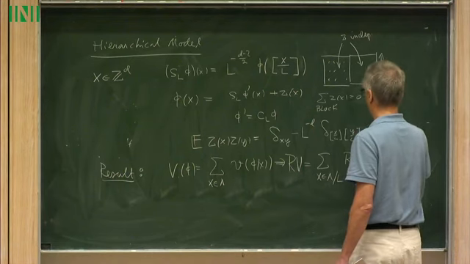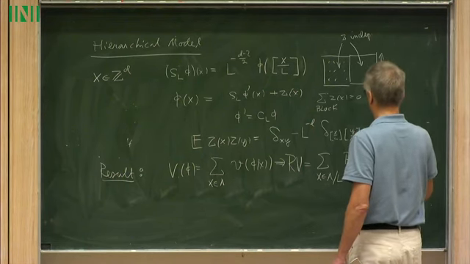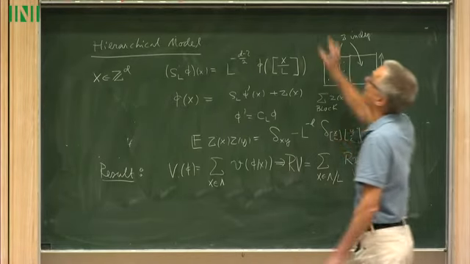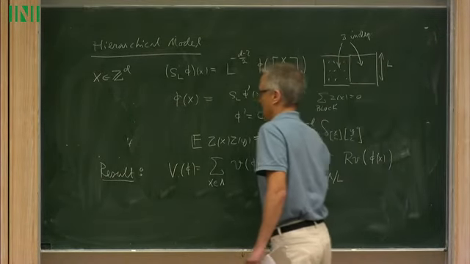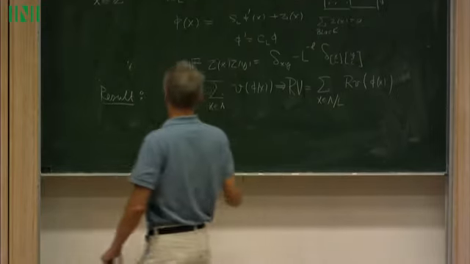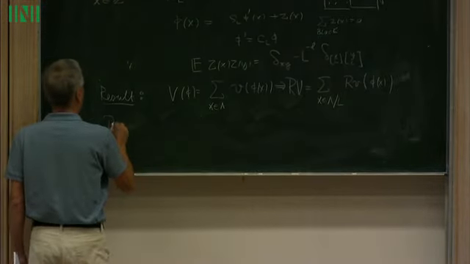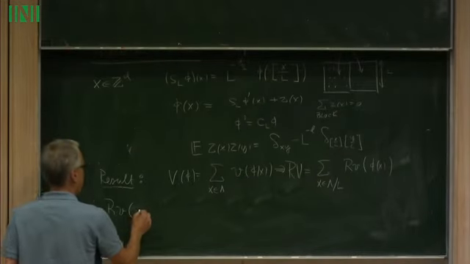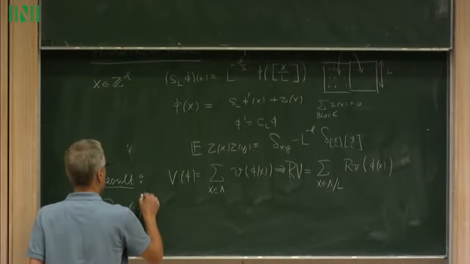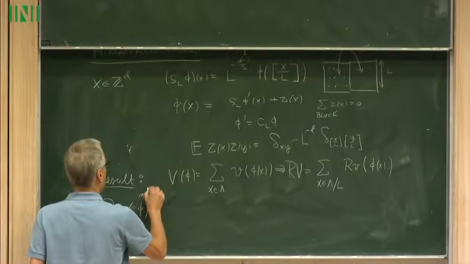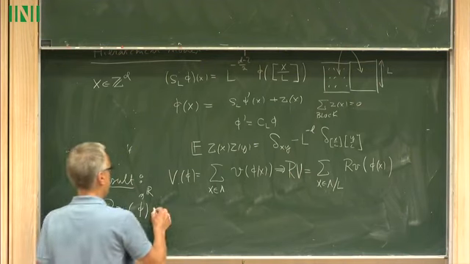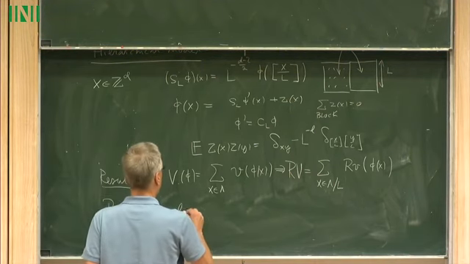Something which I call R of V of phi of x. And R of V is given by the same formula. R of V is now a function of one real variable. Phi here is just a real variable. V is a function of one real variable, R of V is a function of one real variable, and it's given by this formula.